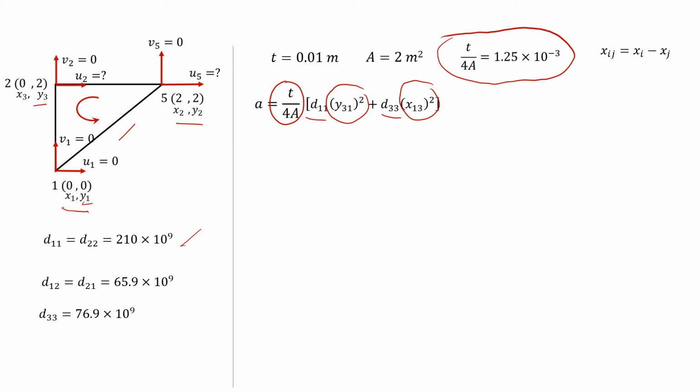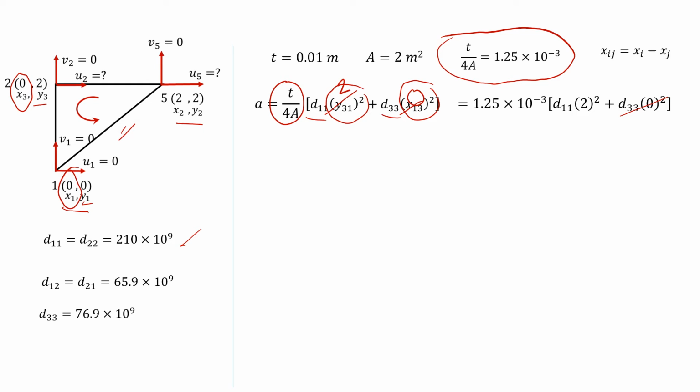So Y31, meaning Y3 minus Y1, is equal to 2. While for X13, if we refer to this figure, X1 is equal to 0 and X3 is also equal to 0, meaning that X13 is equal to 0. Therefore, in our calculation, we can eliminate this term.